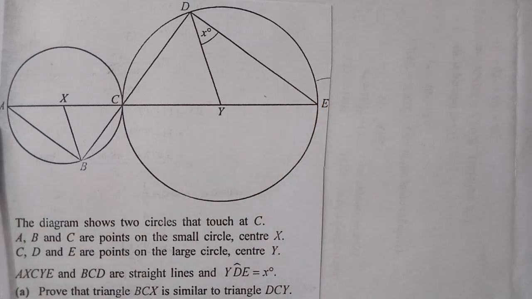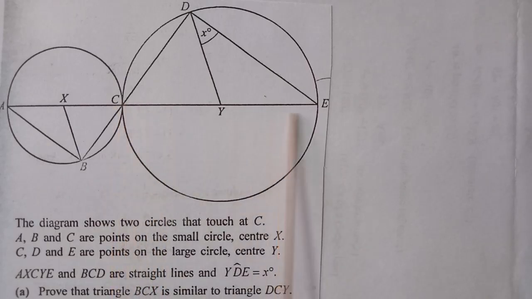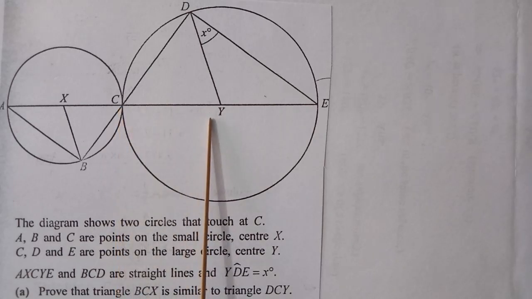This AC is equal to double of AX because X is the center of the smaller circle, and this CE is double of the measurement CY because Y is the center of the bigger circle.